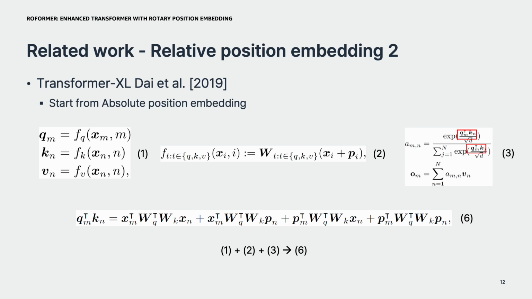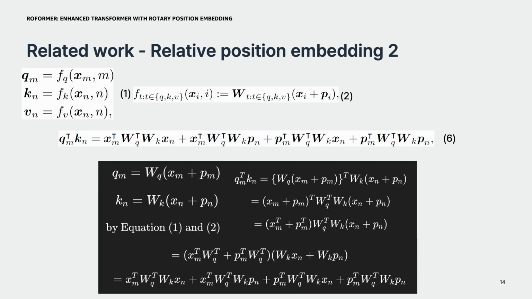Equations 1 and 2 represent the implementation of inserting position information using the absolute positional encoding method. When applied to the attention calculation, the information is expressed as shown in equation 6. Let us take a closer look at how this is implemented. By inserting equation 2 into equation 1 and then carrying out the attention calculation, we obtain the result shown in equation 6.